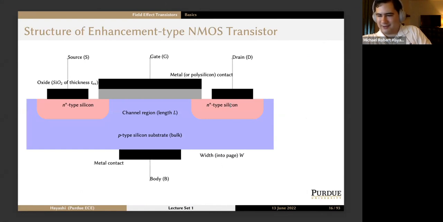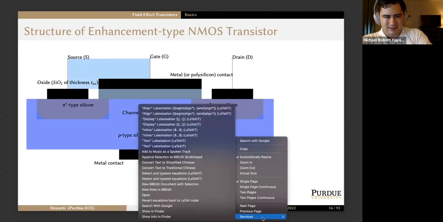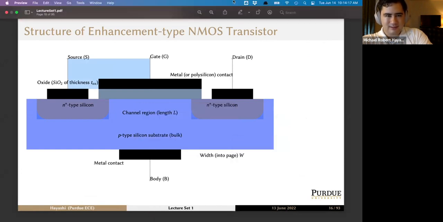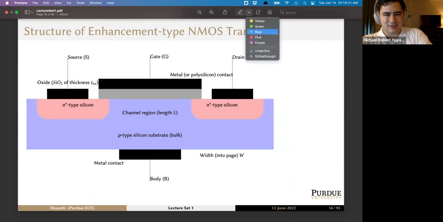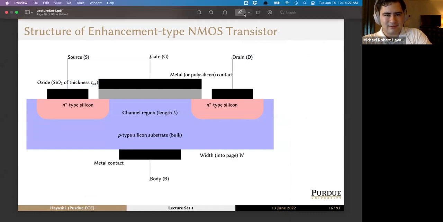So here is a diagram I produced of an enhancement type NMOS transistor. Let me see if I can bring up my editing tools. Oh, they don't want to work.